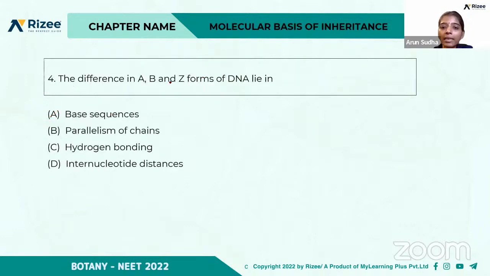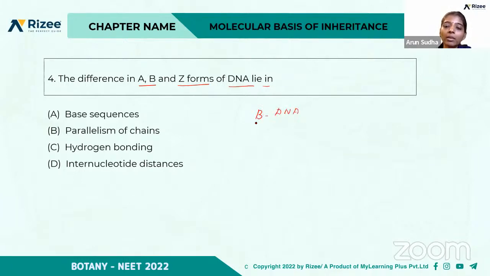The difference in A, B, and Z forms of DNA lie in base sequences, parallelism of chains, hydrogen bonding, or internucleotide distances. So in what way do the different forms of DNA differ? Actually, B DNA is the form that we studied, right?